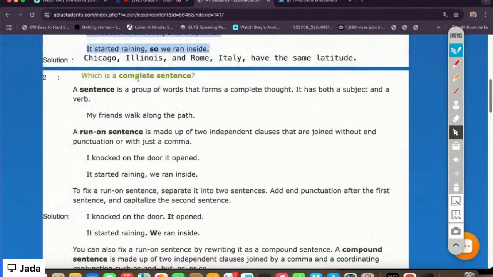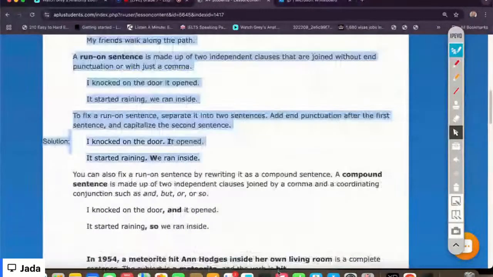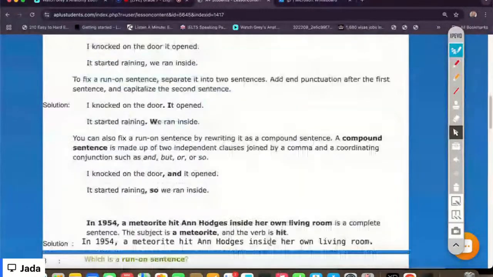A complete sentence. Let's look at this. So we have, in 1954, a meteorite hit Anne Hodges inside her own living room, is a complete sentence.